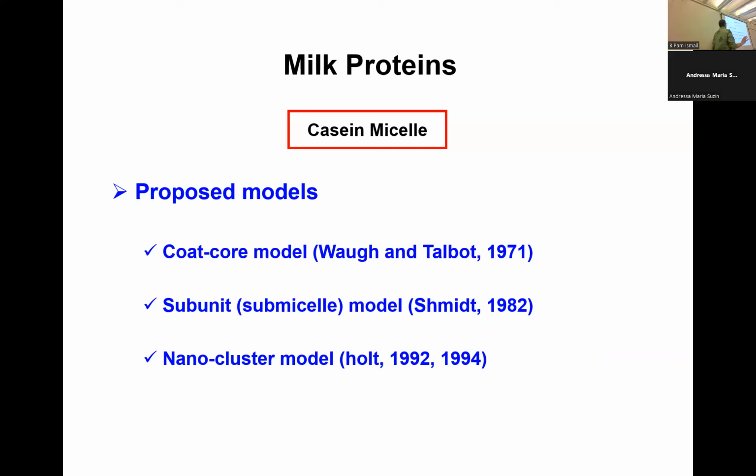That's what that means. And then there is a subunit model, I'll show it to you. And then there's the nanocluster model, proposed by this guy here, and it's the most approved model now, and most believed to be true, the nanocluster model.